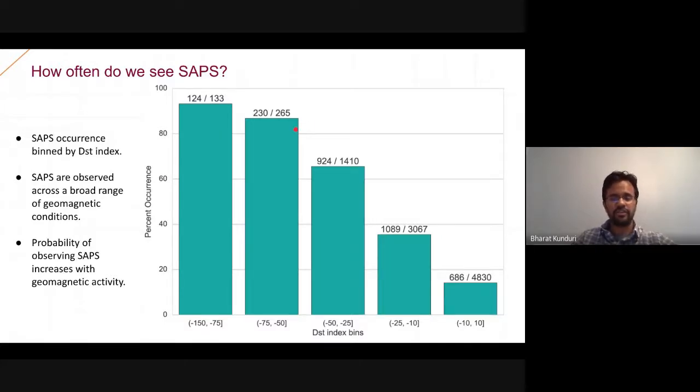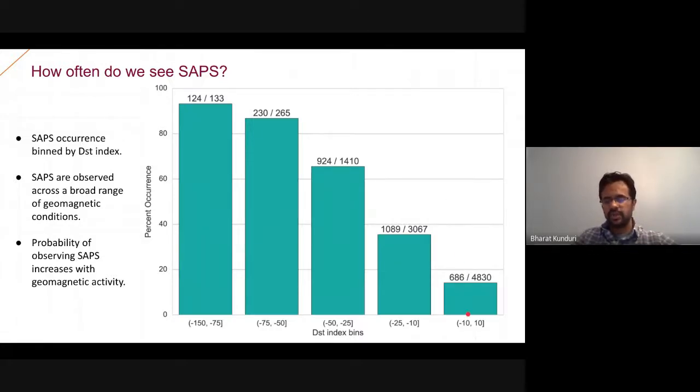If SuperDARN radars were operational during strong geomagnetic activity, especially during severe geomagnetic substorms or storms, there is more than an 80% chance that you would see a SAPS flow on the night side. What's more interesting is that we were observing SAPS flows even during really quiet conditions.